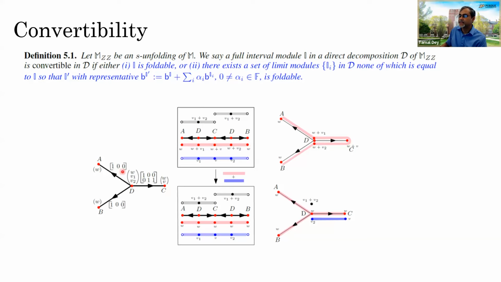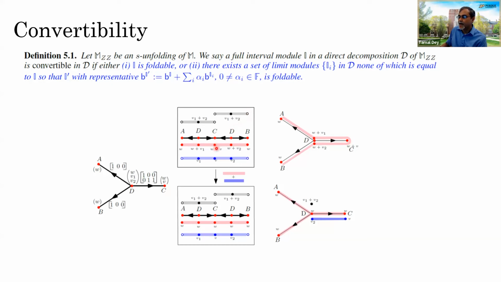So let's take this example here. Again, here is a module M which has been unfolded, and this zigzag has two full modules, and there are two other intervals here which are not full. The open dots mean the vector is 0 there.